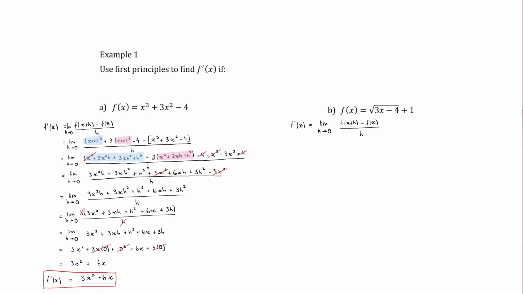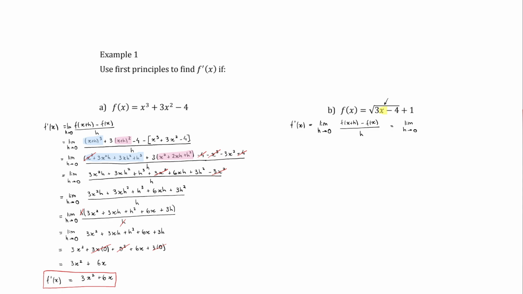All right, so this is going to be equal to the limit. So now instead of having x plus h, I'm going to actually substitute in the value of the function. Okay, so the limit as h approaches 0. So here, instead of x, I am going to have x plus h, right?